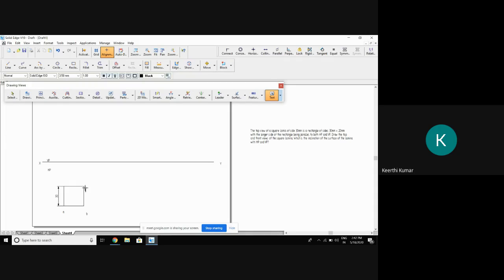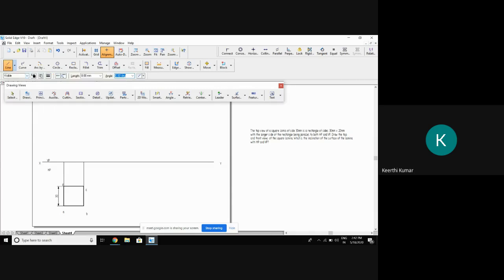The top view of a square lamina of sides 30 mm is a rectangle of sides 30 into 20 with the longer side of the rectangle being parallel to both HP and VP. Draw the projections of the views. C and D. Take the projection lines from A, B, C, and D. These lines should be thick.